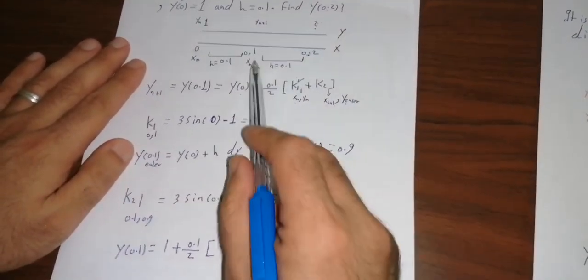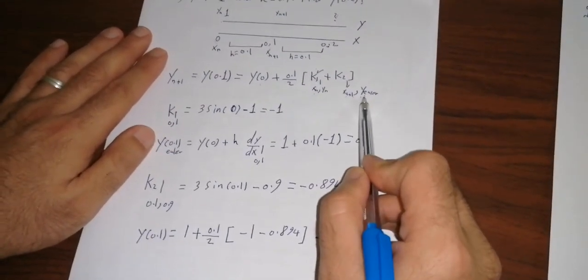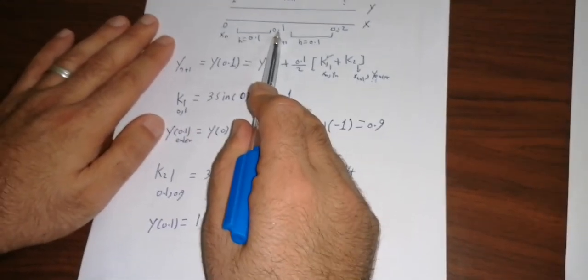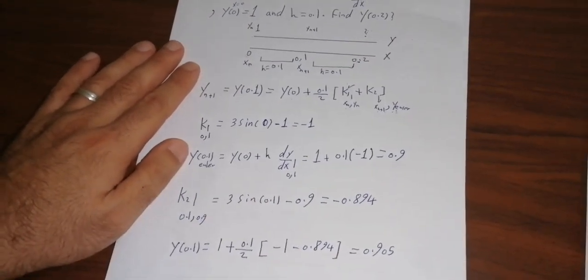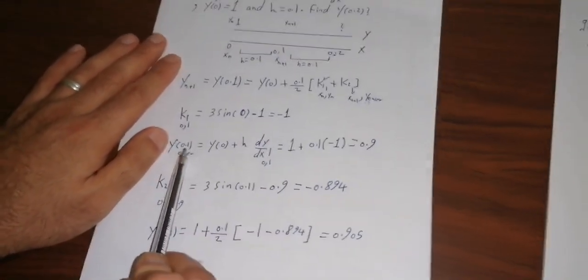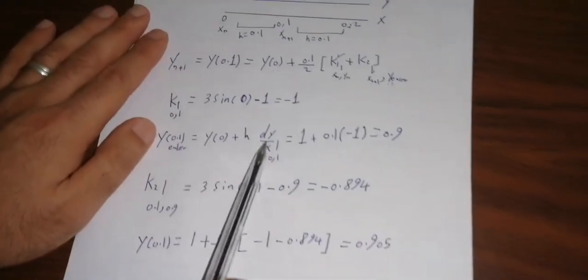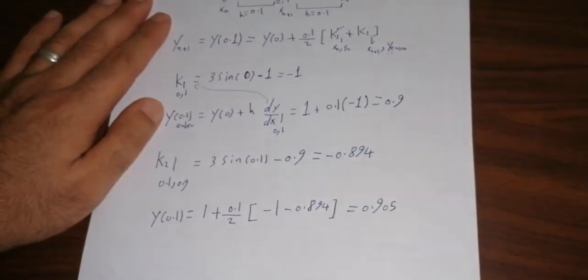I go to k2. K2: xn plus 1 already exists here, 0.1. But what about y Euler? I must solve this using y Euler, because Runge is derived depending on Euler. So y Euler at 0.1 equals yn plus h dy over dx, that means k1.